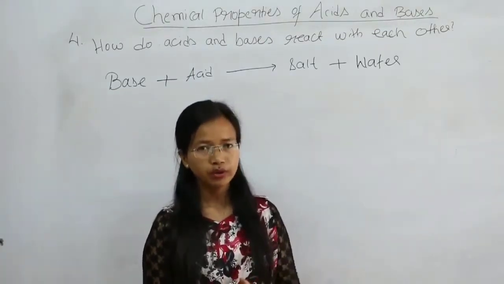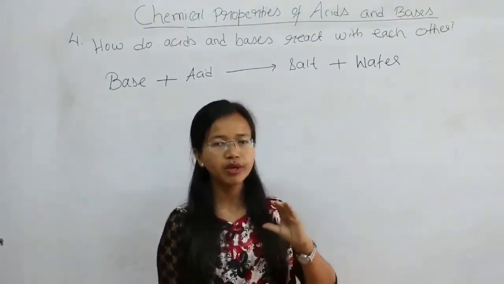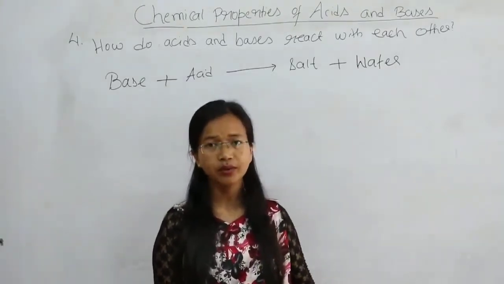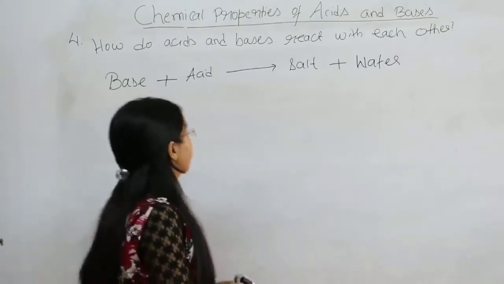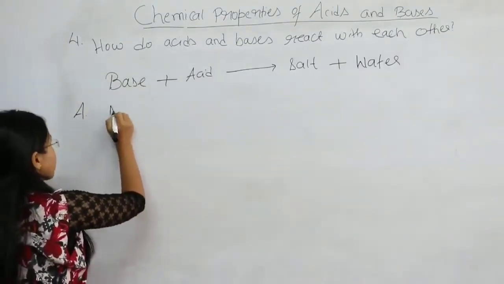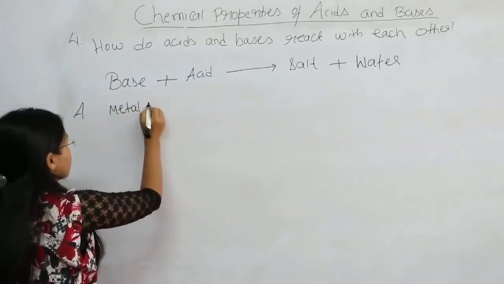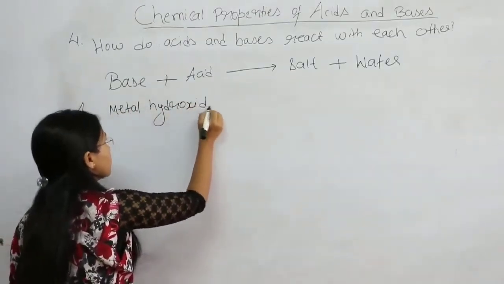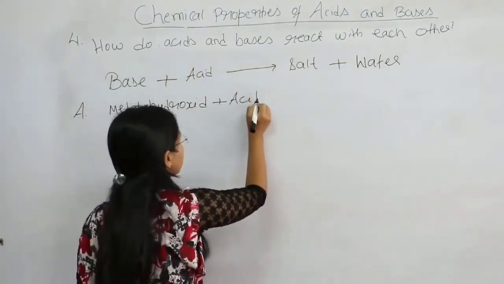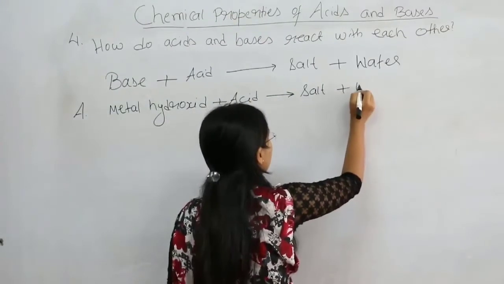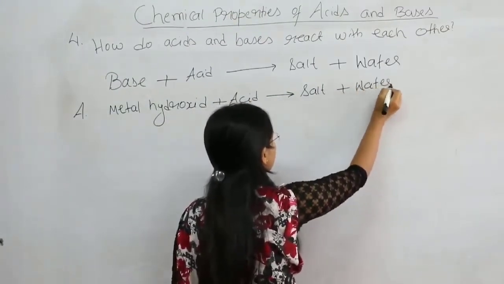So we are going to do it separately. First we'll do metal hydroxides with an acid and then metal oxides with an acid. The first one, metal hydroxide, with an acid, you are going to get salt and water.